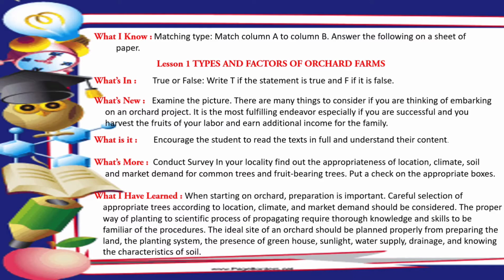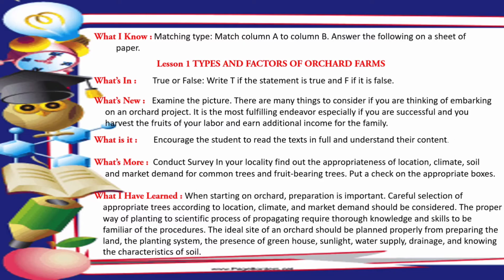What I have learned: when starting an orchard, preparation is important. Careful selection of appropriate trees according to location, climate, and market demand should be considered. The proper way of planting and the scientific process of propagating require true knowledge and skill to be familiar with the procedures.